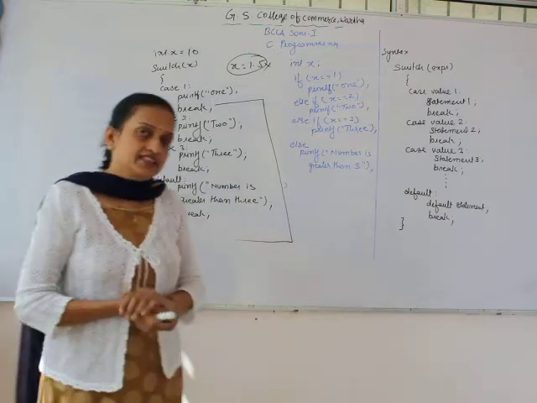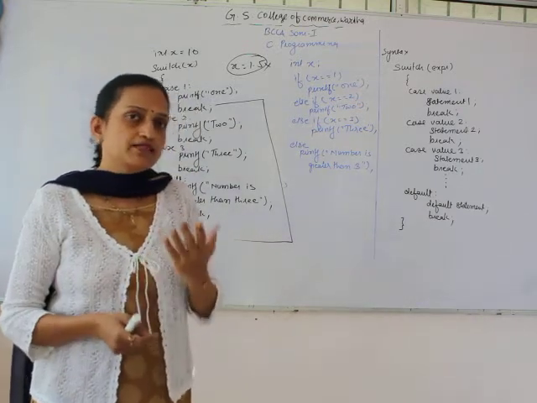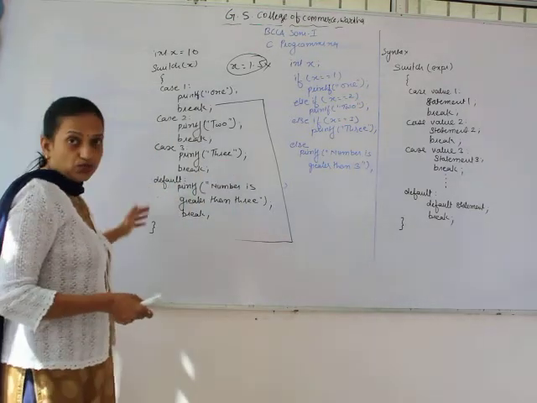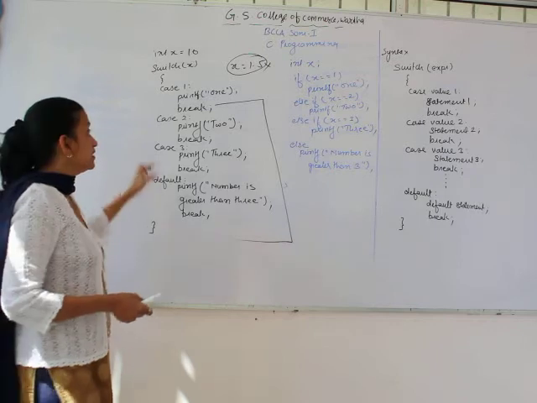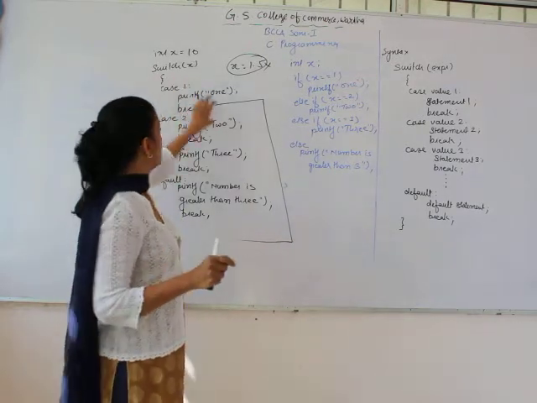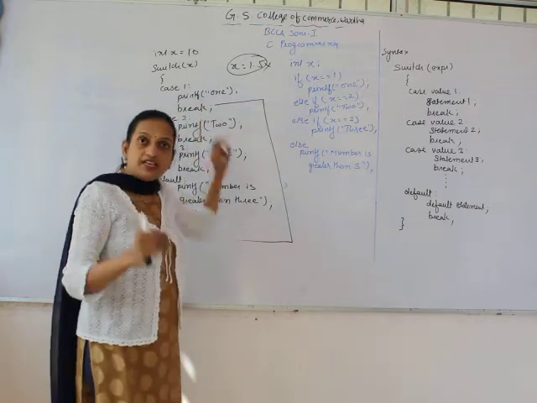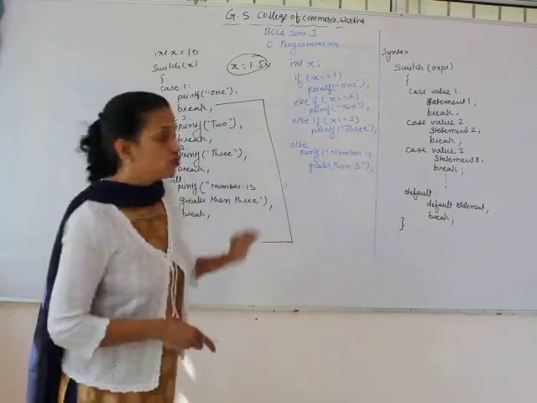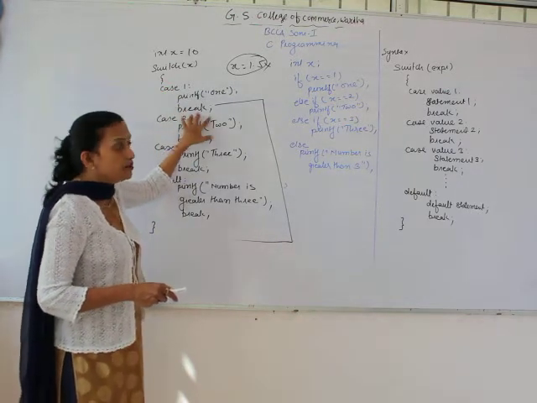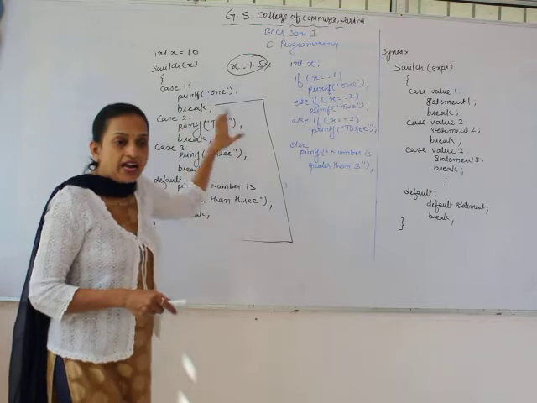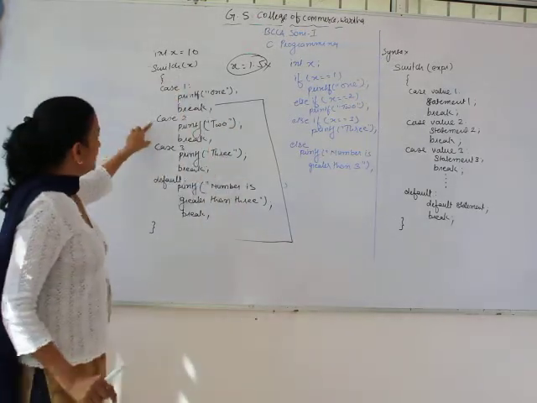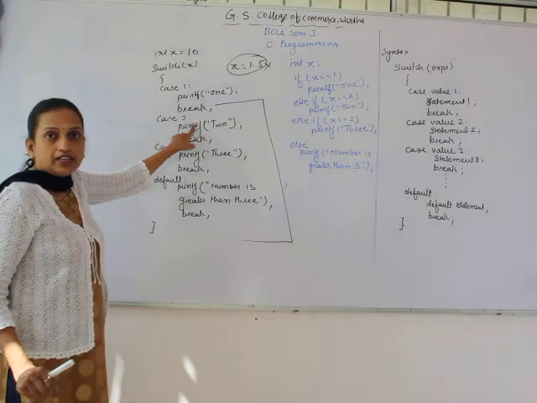The next rule, you can say the third rule for using the switch case: each case block must be terminated by the break statement. Okay, so after every case block you have to put the break statement. And the next is that every case value must be followed by a colon.